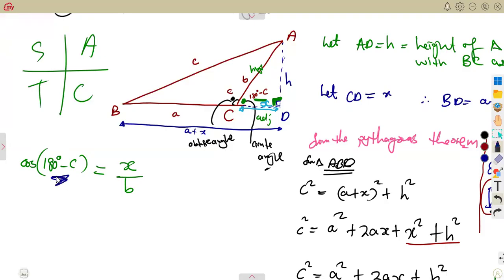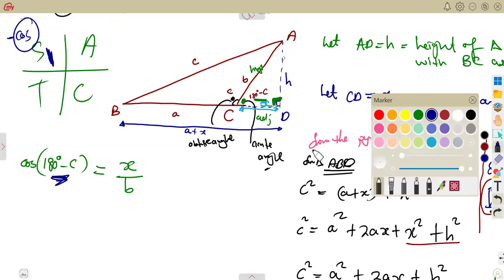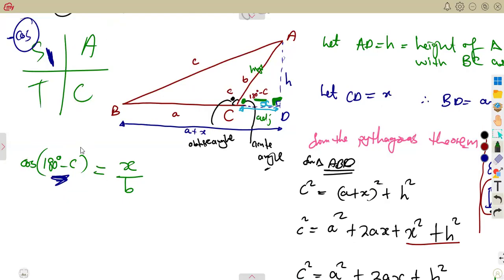180 minus C is the second quadrant, which is the quadrant of sine. And cos here is negative for the acute angle. So meaning to say, this cos of 180 degrees minus C is the same as minus cos C from the reduction formula.